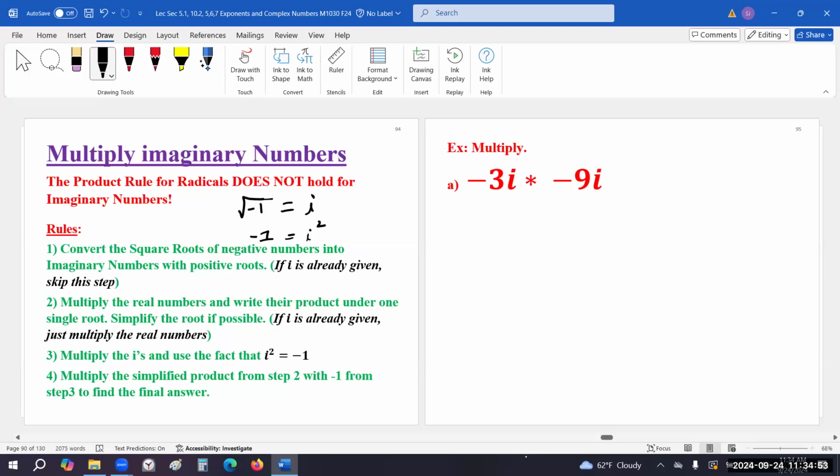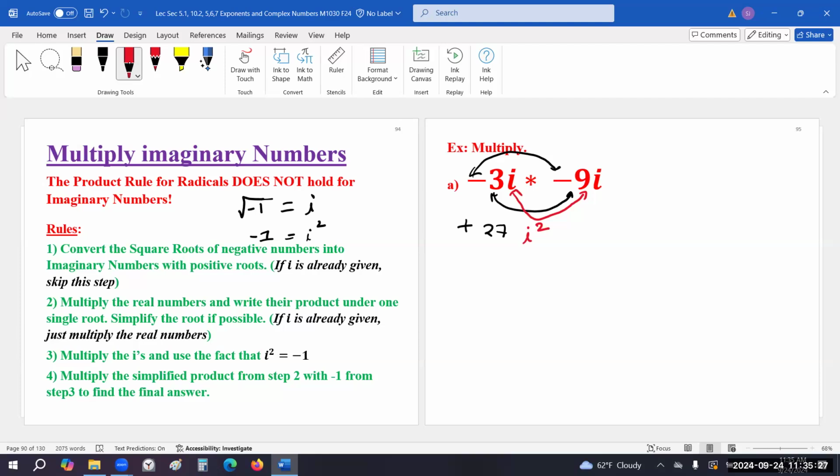Okay, what do you think? -3i times -9i. Negative times negative. Really? 3 times 9, 27. And how about i times i? i squared.